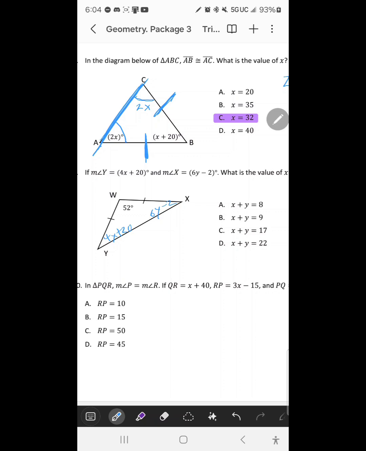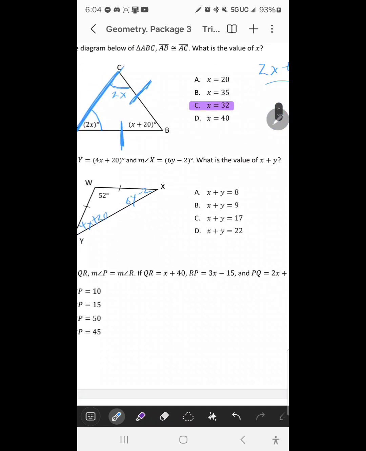Now, what I will do is we can solve for x and also we can solve for y. We can do both, and I think that might give us an answer actually. So I'm just going to do that.